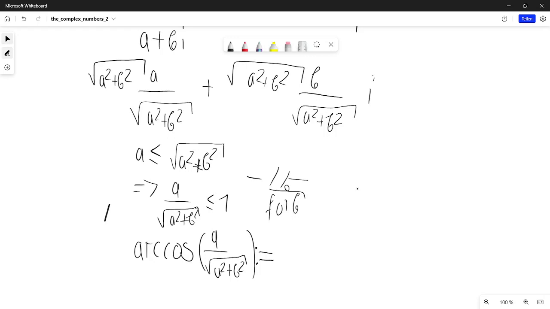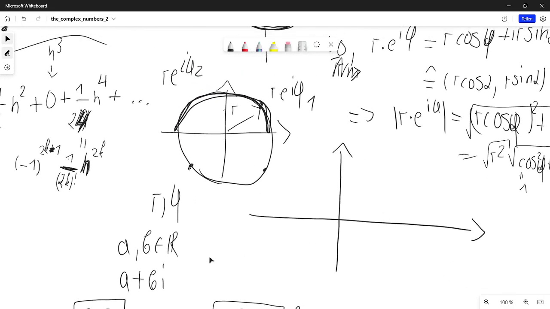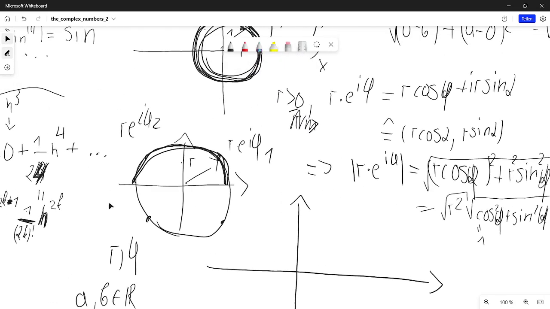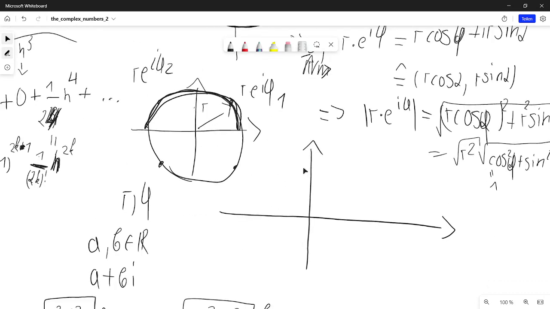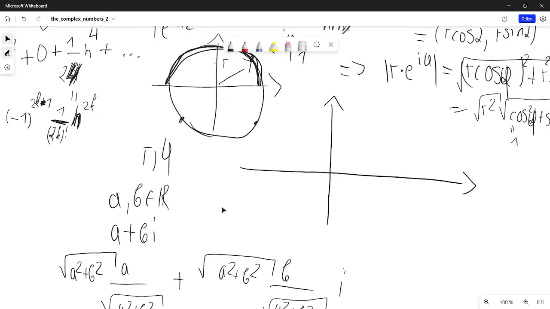Instead, we would have to distinguish. The distinction is simple. We just have to look where our number is, right? So depending on the signs of A and B, if A is positive and B is positive, then of course A bigger than 0 and B bigger than 0.